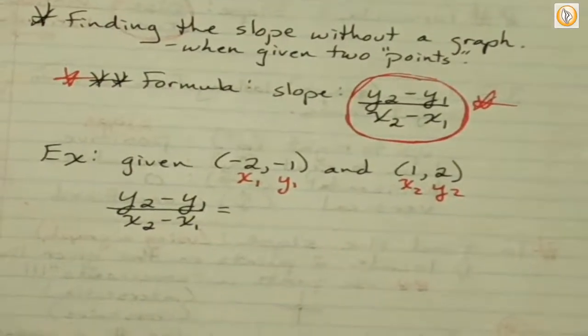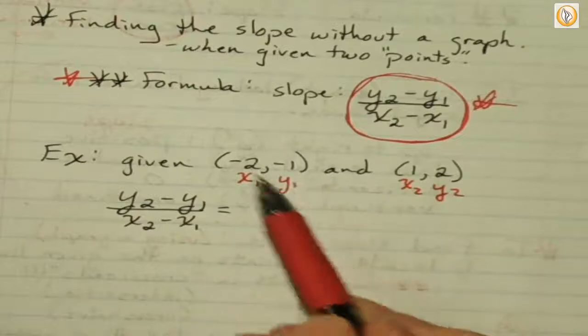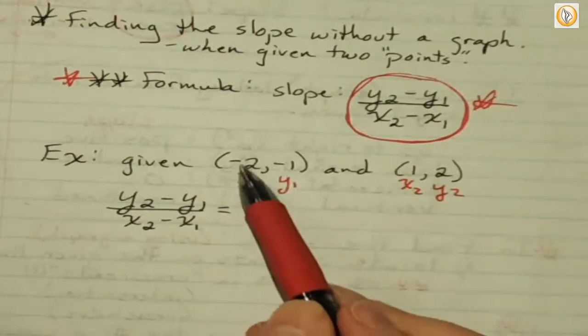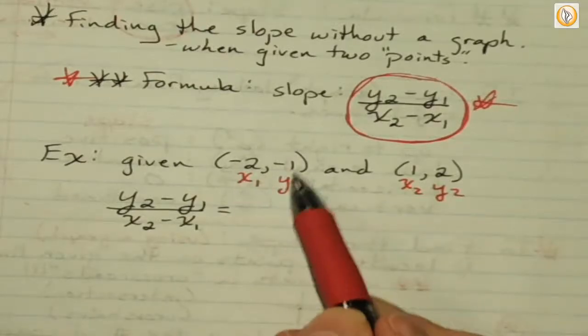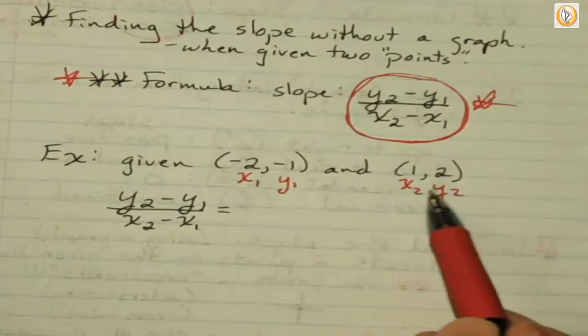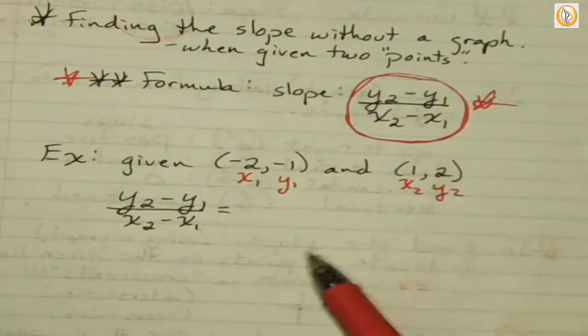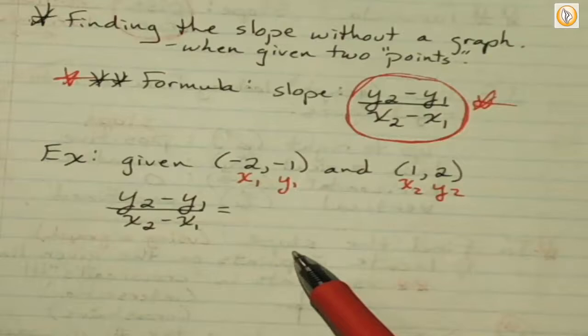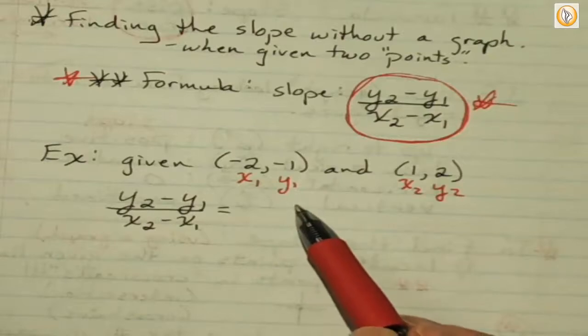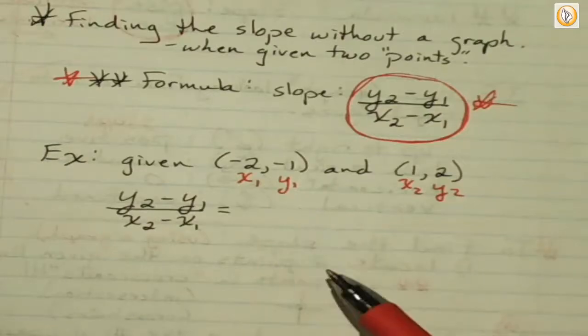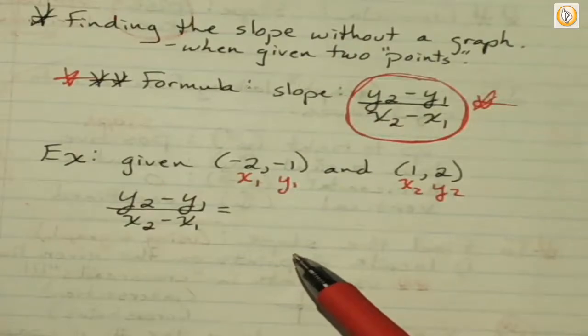Do y'all see that? This first ordered pair is your first x and your first y. The second ordered pair is your second x and your second y. If you do not understand that, you need to let me know before we move on. Yes, ma'am? I think I understand it.